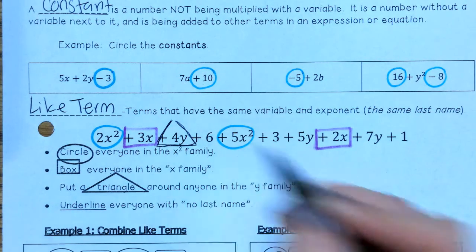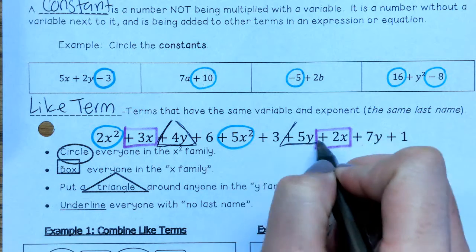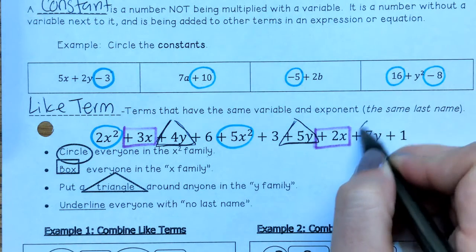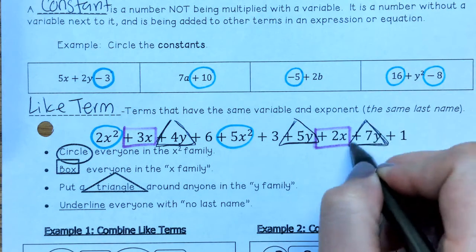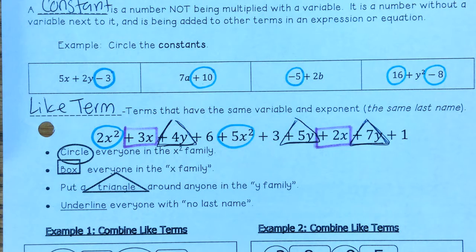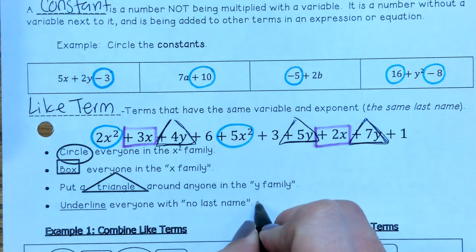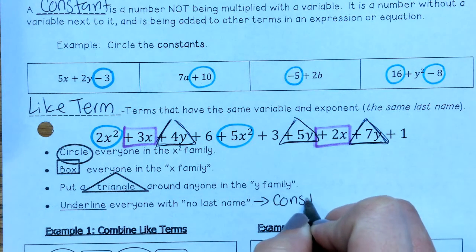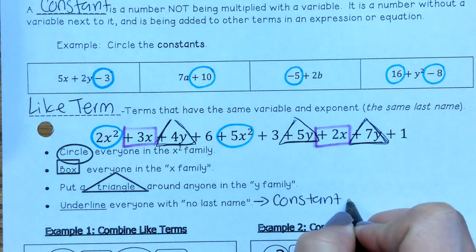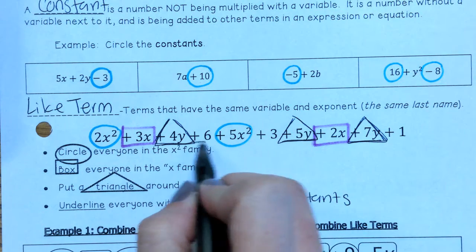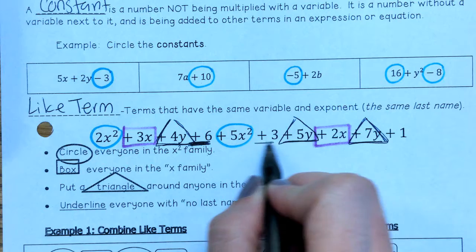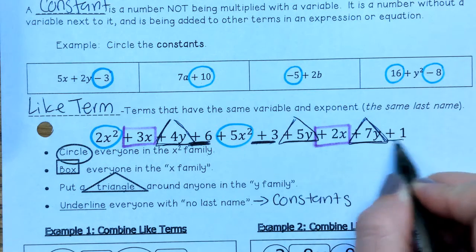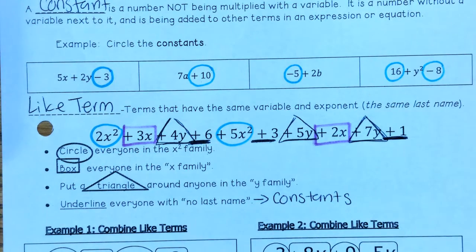Positive 4y, positive 5y, and 7y are all those y terms. And everyone with no last name are our constants. So positive 6, positive 3, and positive 1 are all constants.